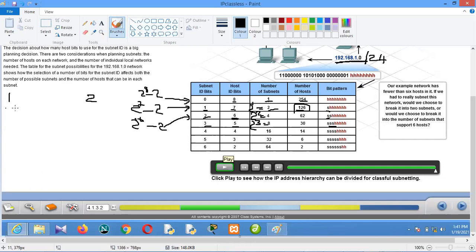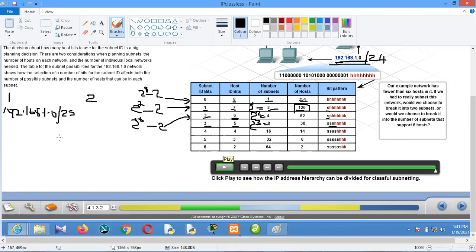If I'm using this as my case study, network 1 is going to be 192.168.1.0 slash, the subnet ID now is 25. You understand?